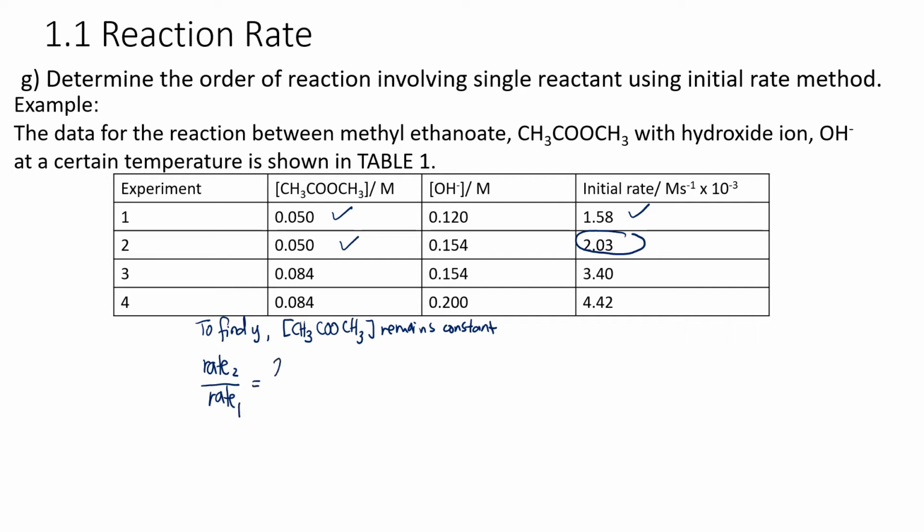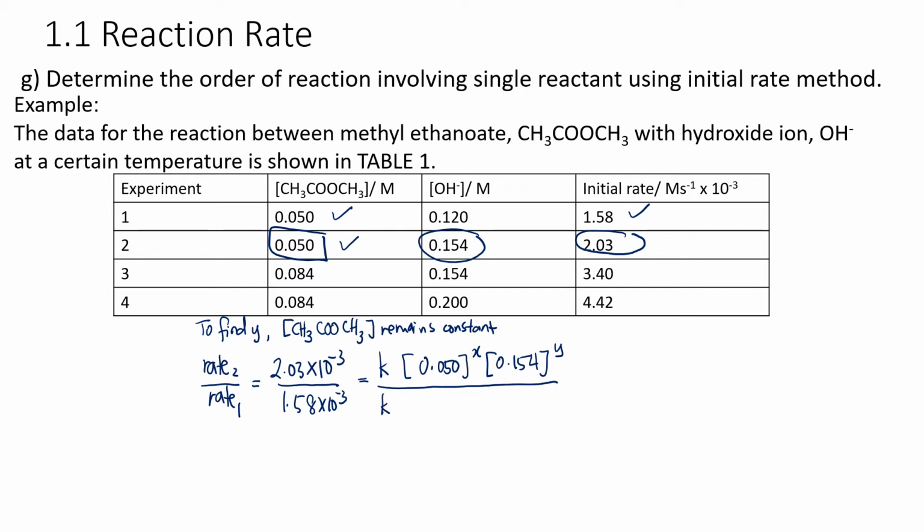So that is 2.03 times 10 to the power of negative 3 divided by 1.58 times 10 to the power of negative 3, which is equal to k. For experiment 2, the concentration of CH3COOCH3 is 0.05 raised to the power of x, and the concentration of hydroxide ion is 0.154 raised to the power of y, divided by rate constant k.